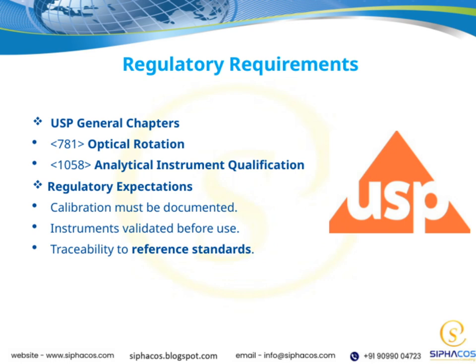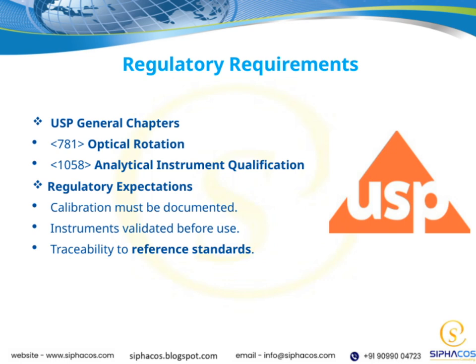Moving on to regulatory expectations, it's important to remember that calibration must always be documented. This creates a clear record of instrument performance over time. Additionally, instruments should be validated before they're put into use to ensure they meet the necessary performance criteria right from the start. Traceability is also a key point. Our measurements need to be traceable back to reference standards.